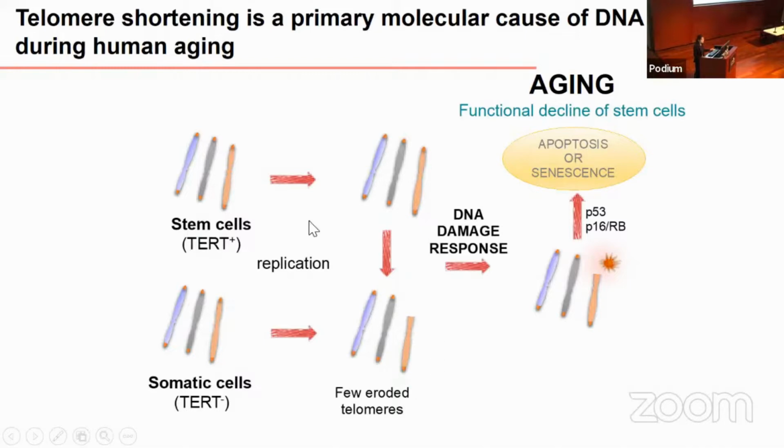However, in both stem cells and somatic cells, when the telomere is shortened, the cell initiates the DNA damage response, which activates the mechanisms of apoptosis or senescence through the activation of p53 or p16. These mechanisms induce the functional decline of stem cells, resulting in aging.